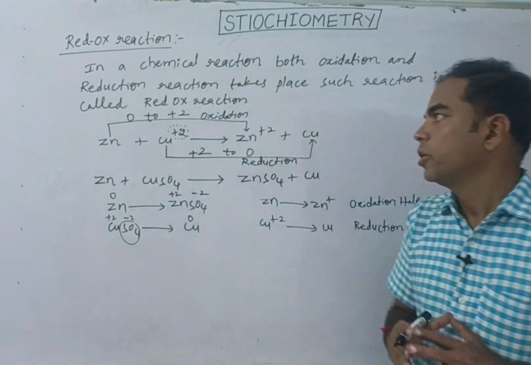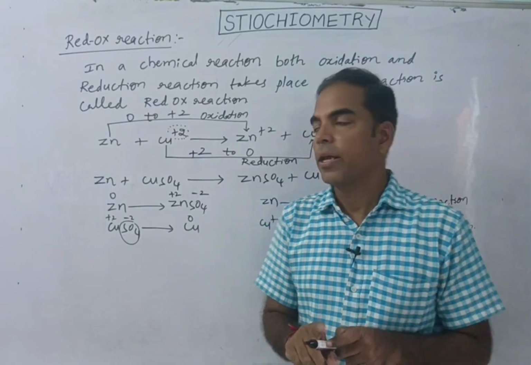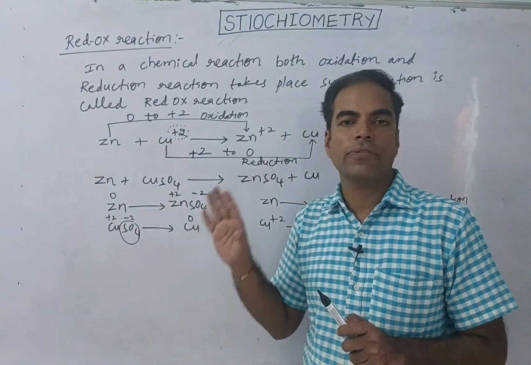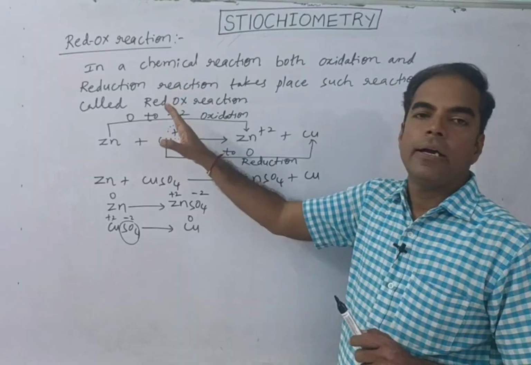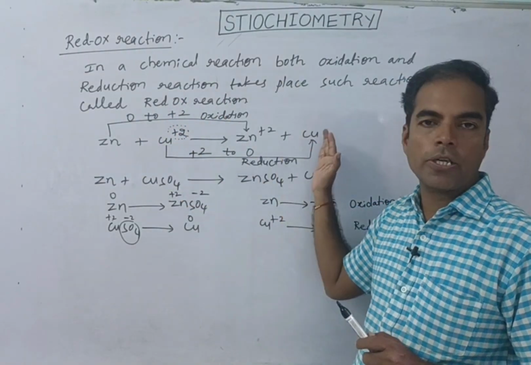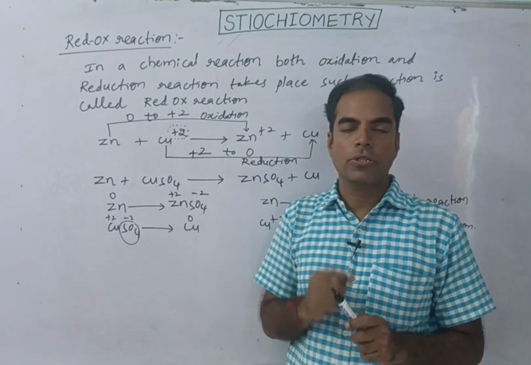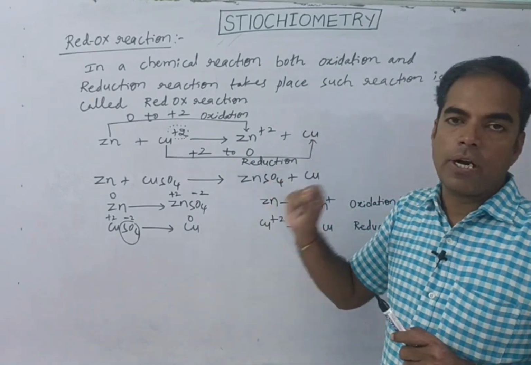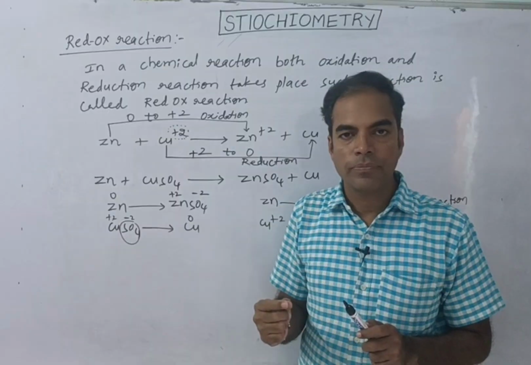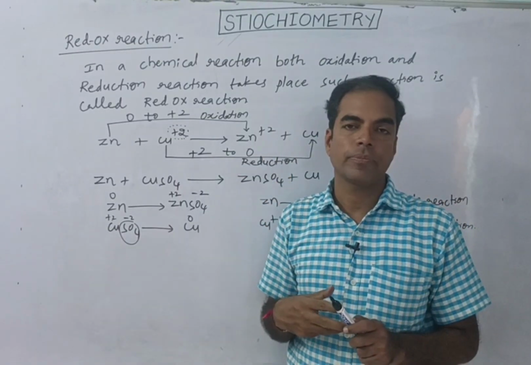Okay. To balance a chemical equation by the ion electron method, first of all we have to classify the equation into oxidation half reaction and reduction half reaction based on calculation of oxidation number. So that is the reason why calculation of oxidation number is very, very important. In the previous class, we discussed the calculation of the oxidation number, right?